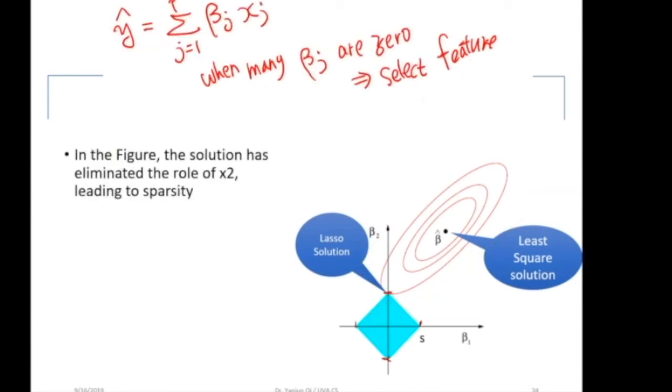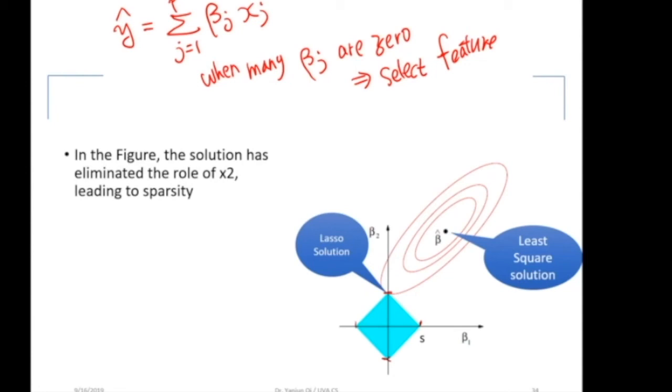Okay, so why is this good? When you have a lot of coefficients being pushed to 0, and when you perform y equals x transposed beta, it's equivalent to removing a lot of features.